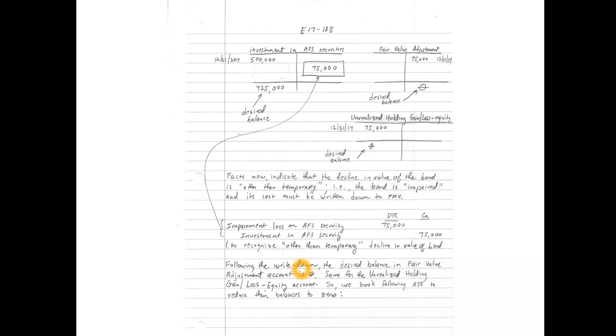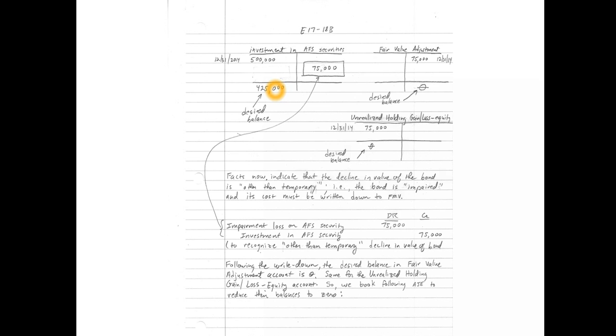Okay, so following this write-down, we've got a balance in the investment account of $425,000. We now no longer need a balance in the fair value adjustment account, because remember, the balance in the fair value adjustment account, when combined with the balance in the investment account, is supposed to result in a net or combined number that itself reflects the fair value of the investment.